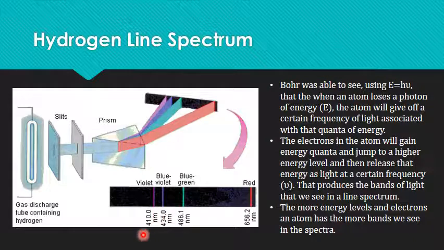So if an atom gave off this, for whatever amount of energy it needs, they can create this violet line, or that frequency of light, the 41.0 nanometer wavelength of light.